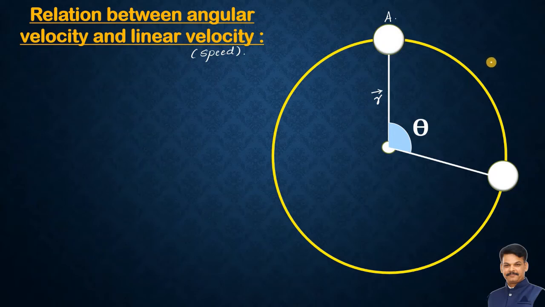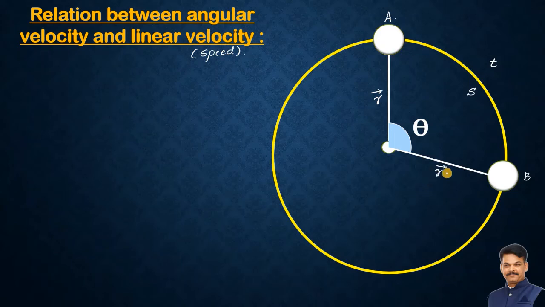After some time t, as the object is moving in the circular path, assume that it covers some distance s along the circumference of the circle and reaches the point B. Then s will be the distance traveled by the object along the circular path, and theta will be the angular displacement made by the object from A to B. When the object is at point B, again its radius vector can be considered as r.